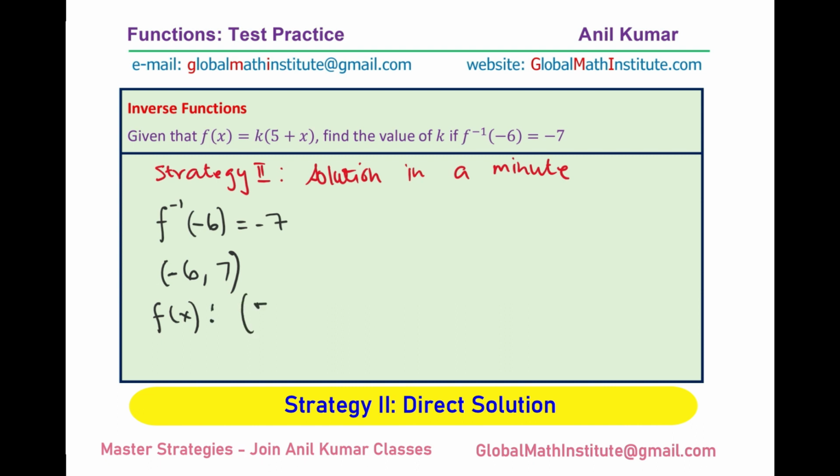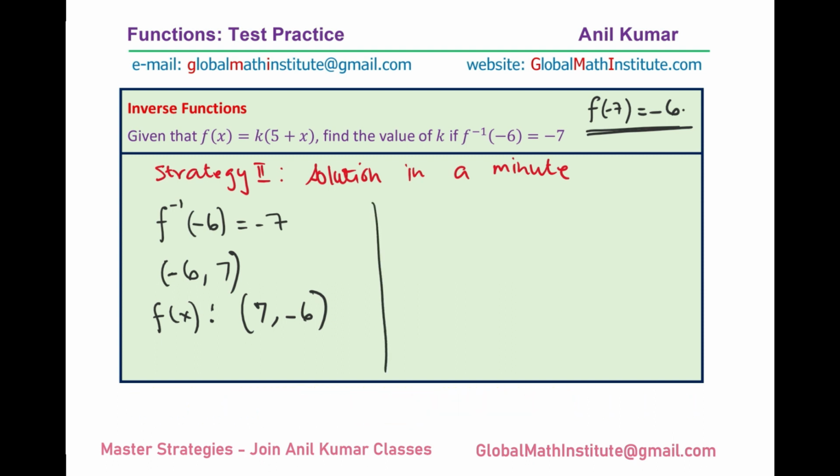It will be swapped, so it will be minus 7, minus 6. Do you see that? So on the function, we can write this as f of minus 7 equals minus 6. Does it make sense to you? It just gets swapped. So this is the concept. First thing is to understand the concept.